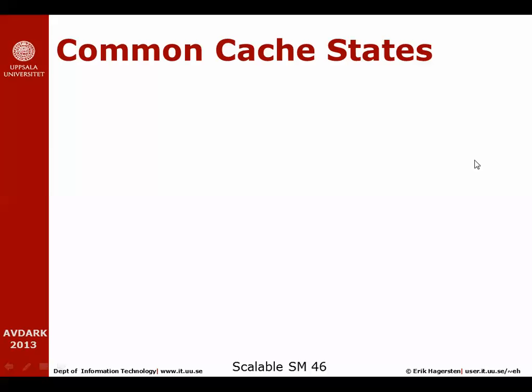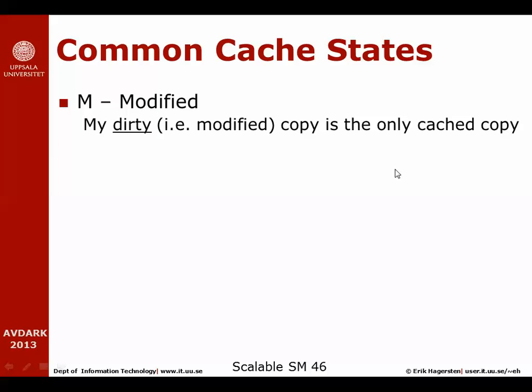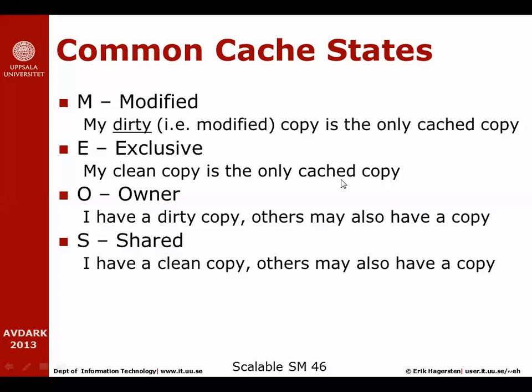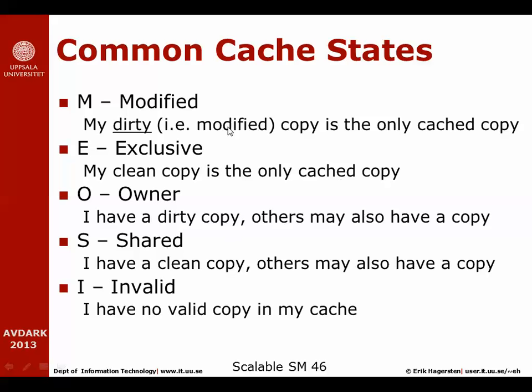Just as for the Snoopy cache coherence protocol, we have similar kinds of cache states. There is still a state per cache line stored in the caches: modified, exclusive, owned, shared, and invalid, and the interpretation of these states is exactly the same as for the Snoopy-based protocol.